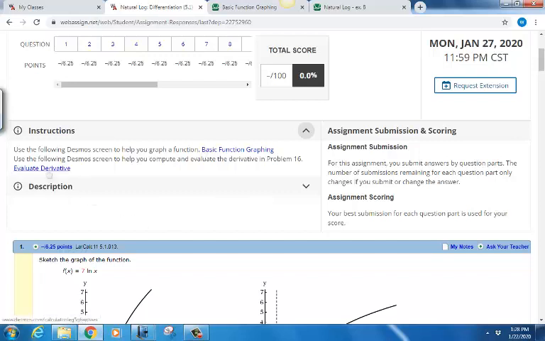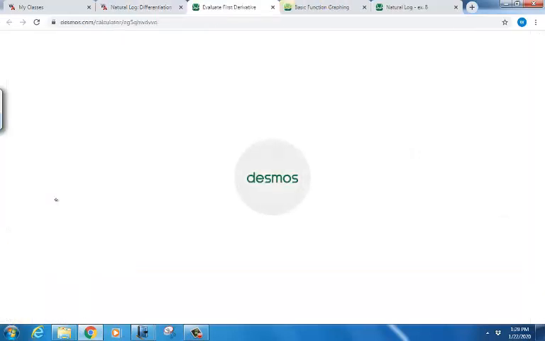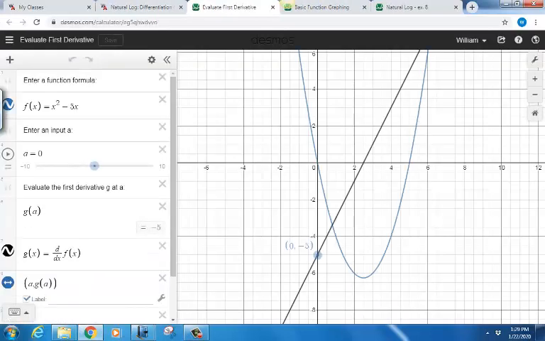Notice the second instruction says to use the following Desmos screen to help you compute and evaluate the derivative in problem 16. If you don't want to calculate that derivative by hand, we can have Desmos do that for us. Just click on that screen, and it's pretty easy.